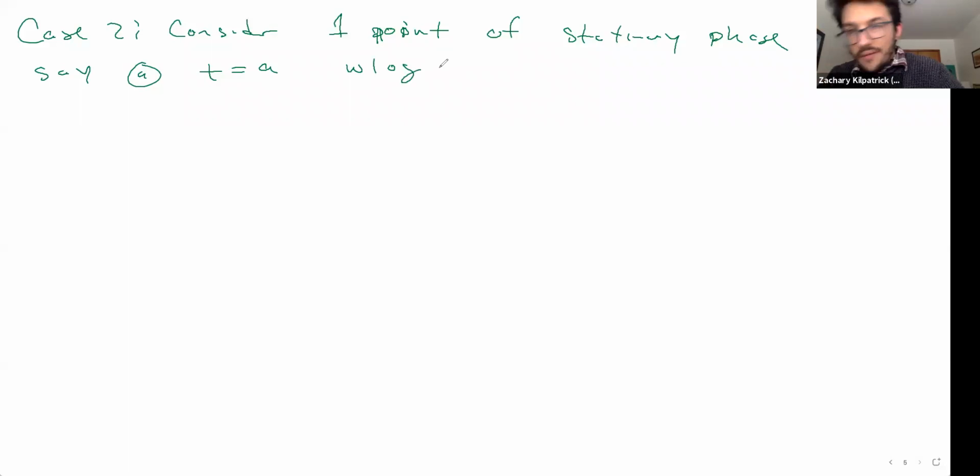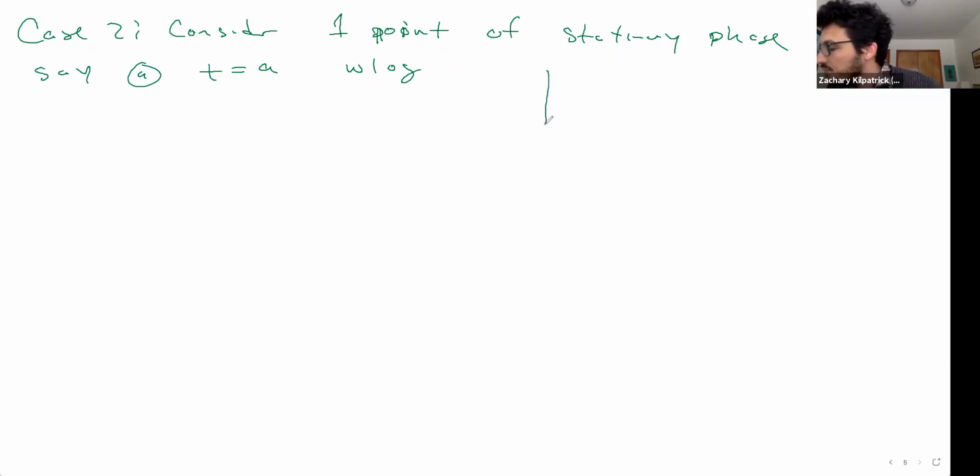If it's t equals b, it's going to be similar. It's just going to be at the right end instead. If it's on the interior, you're just going to cut out a region to the left and to the right, sort of right around c, as we've done for Laplace's method, right?